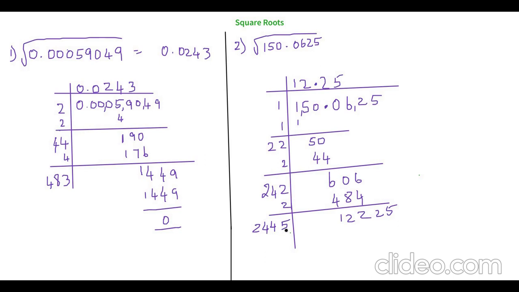So 2445 multiplied by 5 is 12225. Now let's subtract this and we get a 0 here. So the square root of 150.0625 is equal to 12.25.